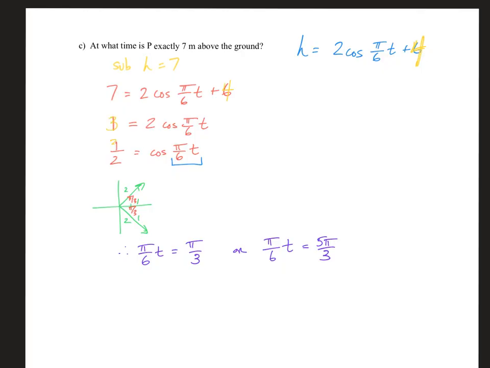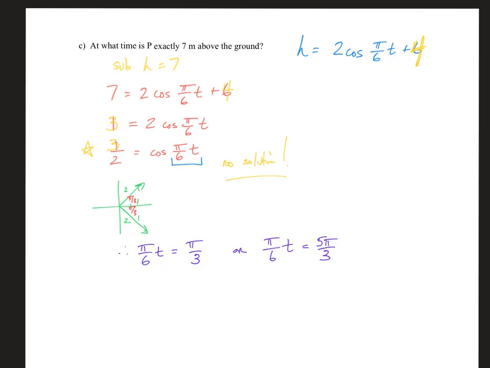I would divide out a 2. And now I'd have to try to figure out what that pi by 6t is equal to. At the very least, I would hope that you would look at that and say no solution, because your adjacent side cannot be greater than your hypotenuse.